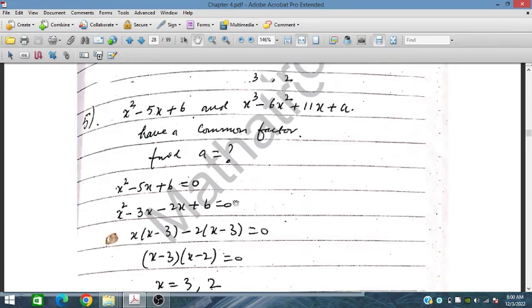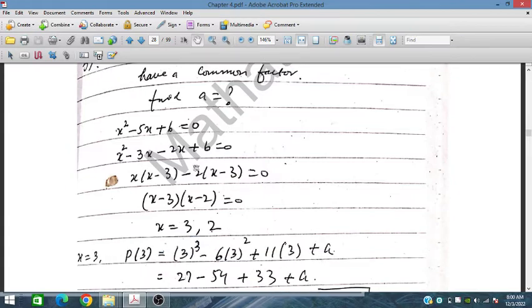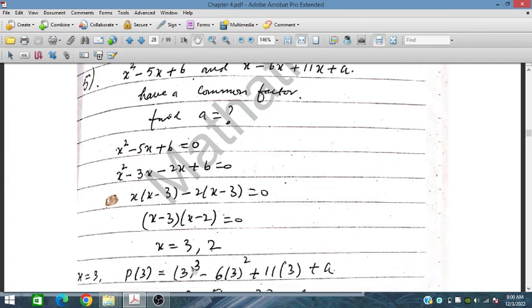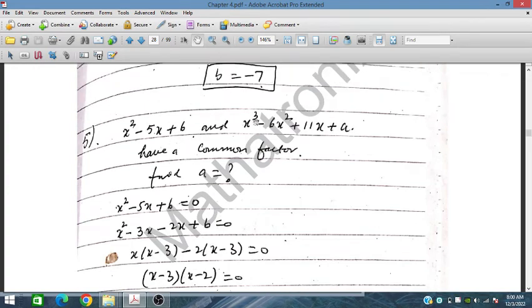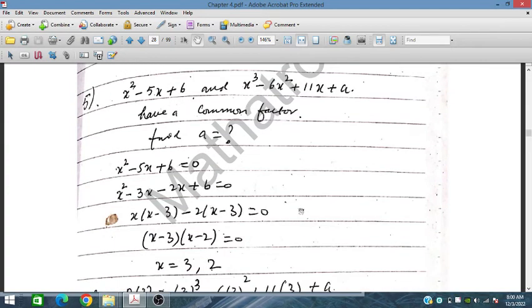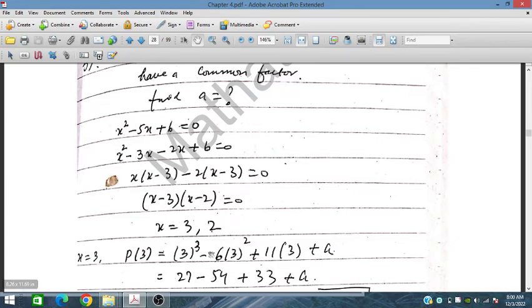So we will place x is equal to 3 in this polynomial, and we'll place 2 in this polynomial. So let's place x is equal to 3 in this polynomial.